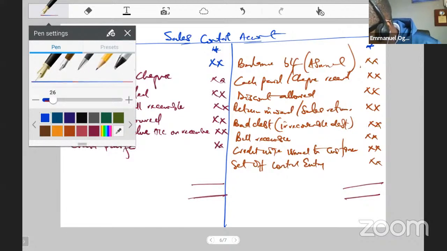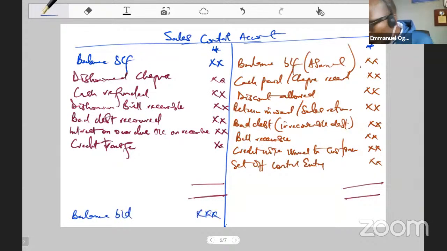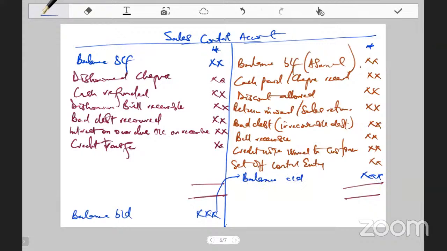If at the end of your question you are told that there is a sales ledger balance brought down, you must write it on the debit side here as balance brought down. But this balance brought down that you are seeing here must be transferred to this side as balance carried down. Are we getting what we have done?